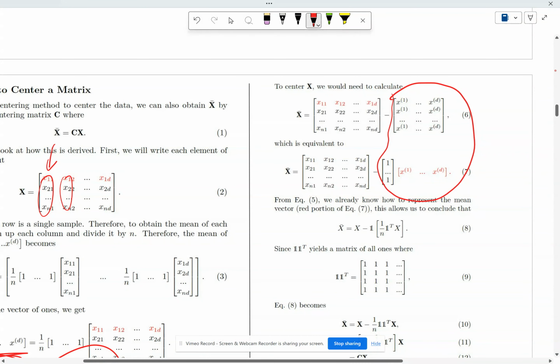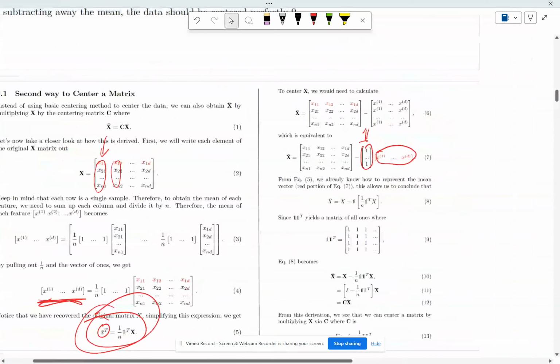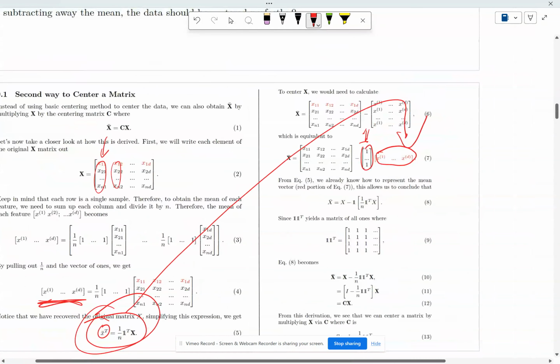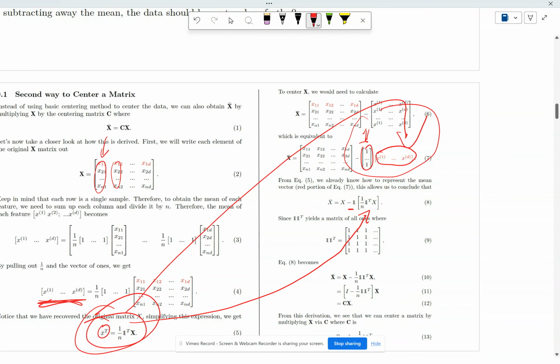When you take the outer product between 1 and this centered vector, then you are essentially making copies of it. And once again, this means that I can write this as the 1 vector again. And I know what this was. This came from right here, right? So I can combine them together. So here's the 1, and then I put this right here.